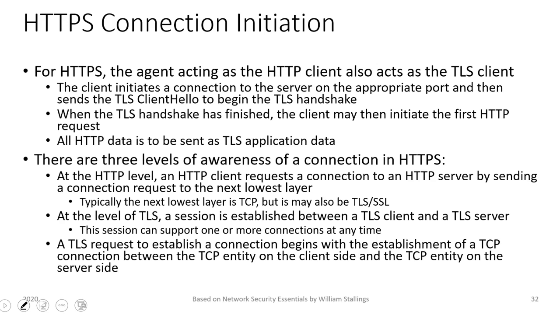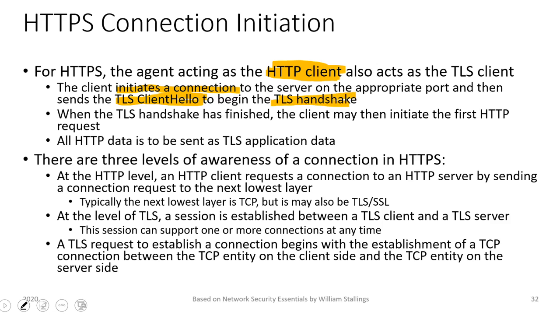So for an HTTPS connection to be established, it has to do two things. Initially, the HTTP client, so that would be the browser, has to connect to the server. So it has to initiate the connection, and then it can send the TLS client hello to initiate the TLS handshake.